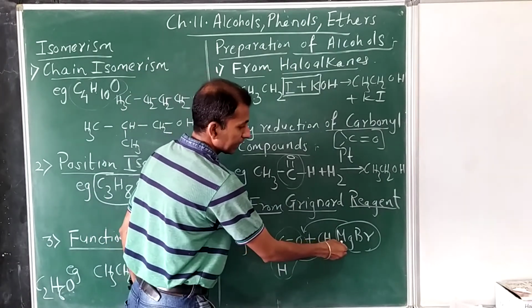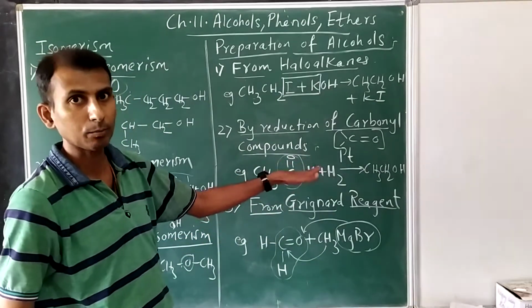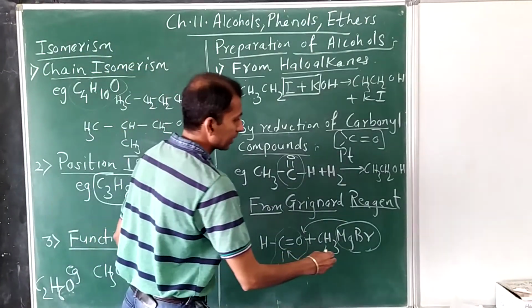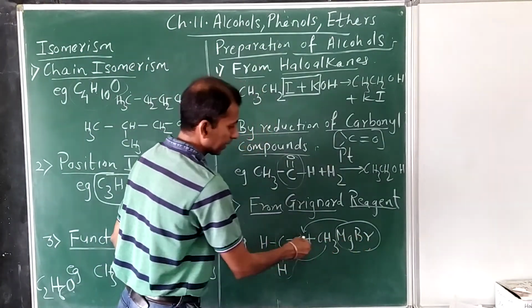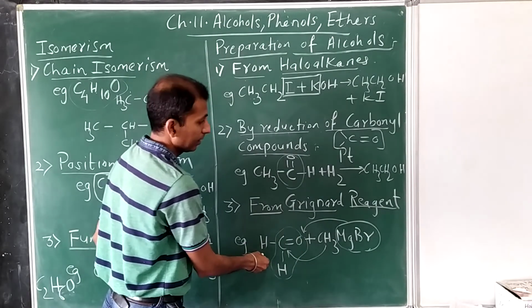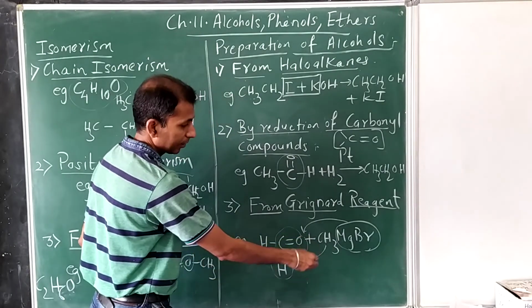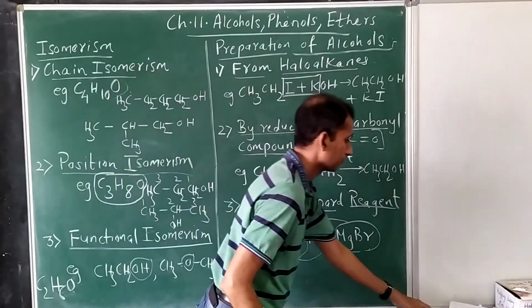So this is a Grignard reagent, methyl magnesium bromide. From this methyl magnesium bromide, MgBr will get added to the oxygen atom of this aldehyde, and CH3 will get added to the carbon atom, and we will add on the next step here.